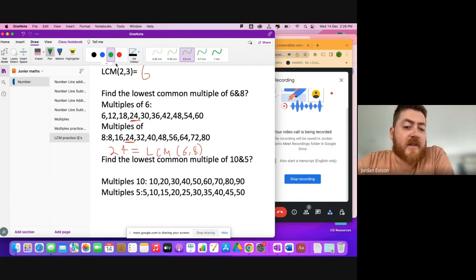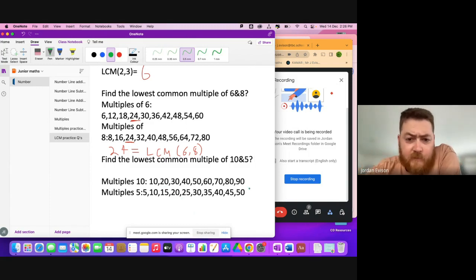So let's look at this. Let's find some numbers that exist on both these lists. Well, 50 is right here, and 50 is also there. So 50 is a common multiple. 40 is there as well as there, common multiple. 30 is there as well as there, common multiple. 20 is there as well as there, common multiple. 10 is there and there.